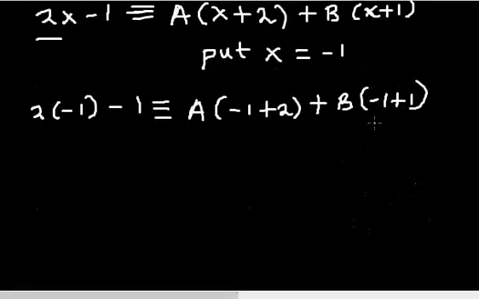This makes the bracket equal to 0, so b is eliminated. Now left is minus 1 plus 2, that's a, then minus 2. So a is equal to minus 2.